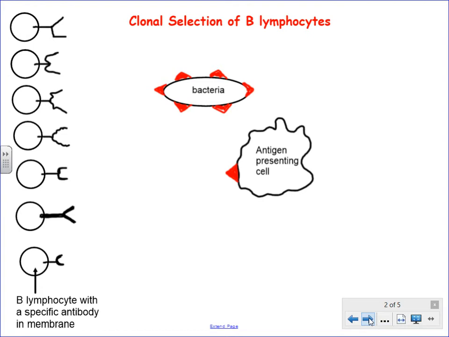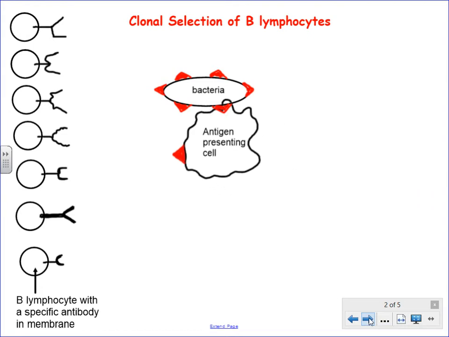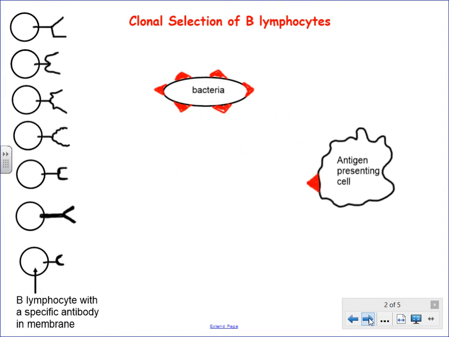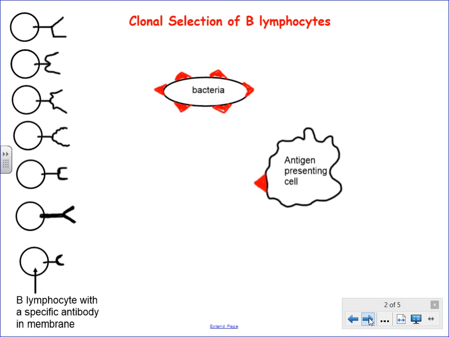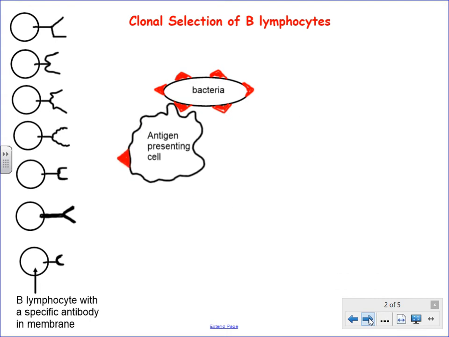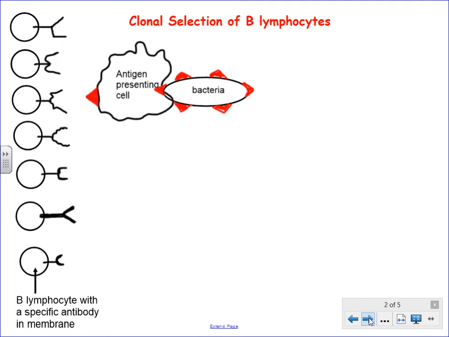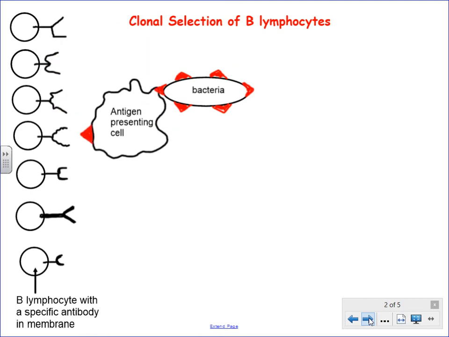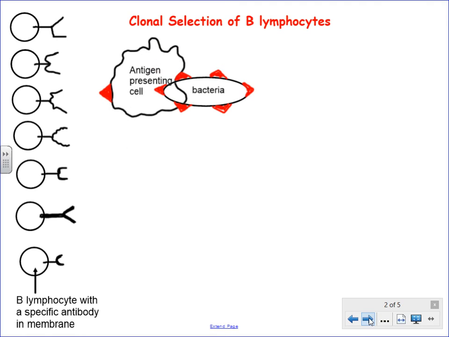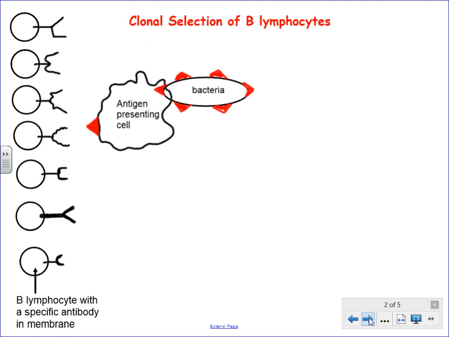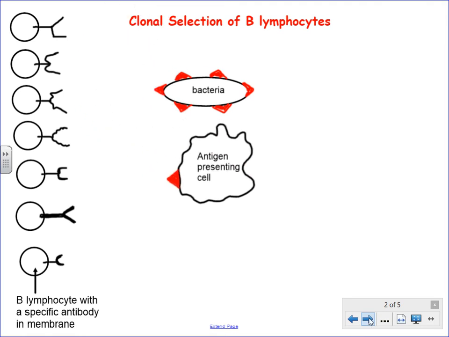The antigen presenting cell will migrate through tissues, blood and lymphatic system, and will make contact or come across various lymphocytes, whether they're B lymphocytes or T lymphocytes. In the membranes of lymphocytes, there will be antibodies acting as receptors, which I'm trying to represent with these objects here.